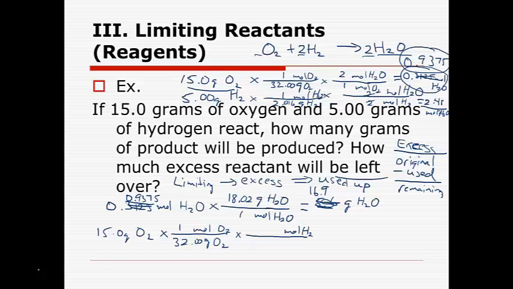Get rid of moles of the O2. And again, your numbers come from the coefficients. In front of H2, there's a 2. In front of O2, there's just nothing, so it's a 1. Then change it into grams of H2. Get rid of moles of H2. 1 mole, 2.016.